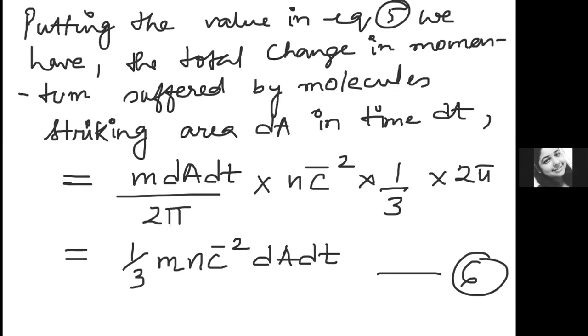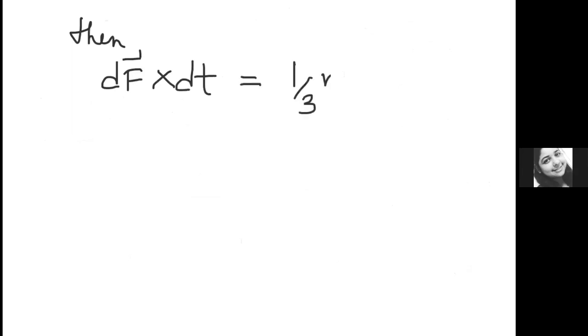Any queries up till now? We are on the verge of completion of this pressure equation. I'm just moving to the next page. Now, if dF be the average force imparted by the striking molecules, then we can write dF into dt is equal to 1/3 m n c bar square dA dt.